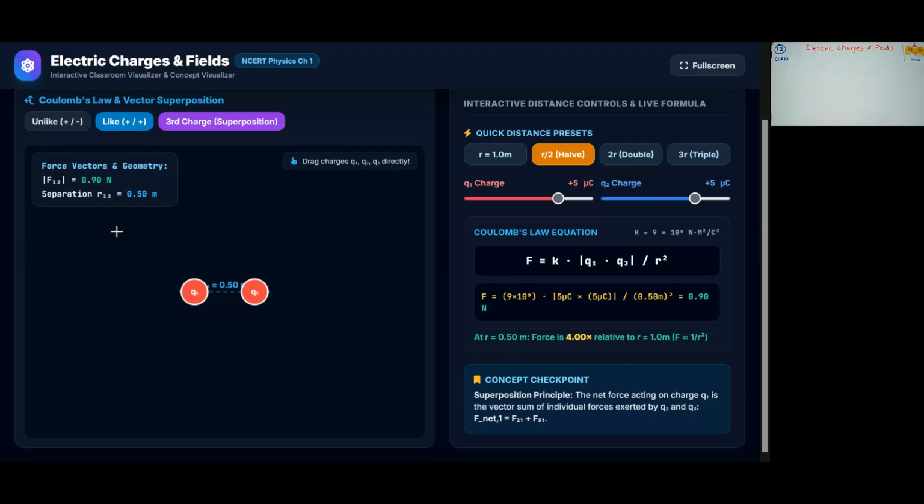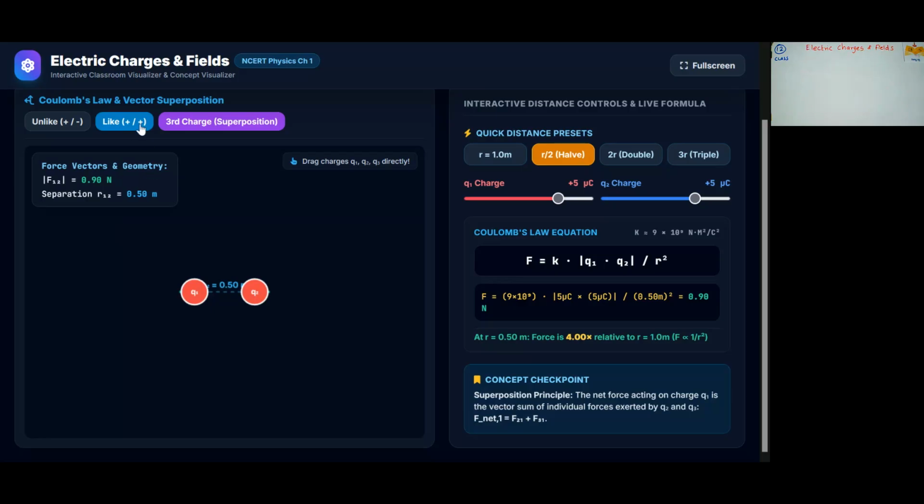So that means if you take the minus 5 charge, we take only the value, only 5. So the force is 0.90 newton.